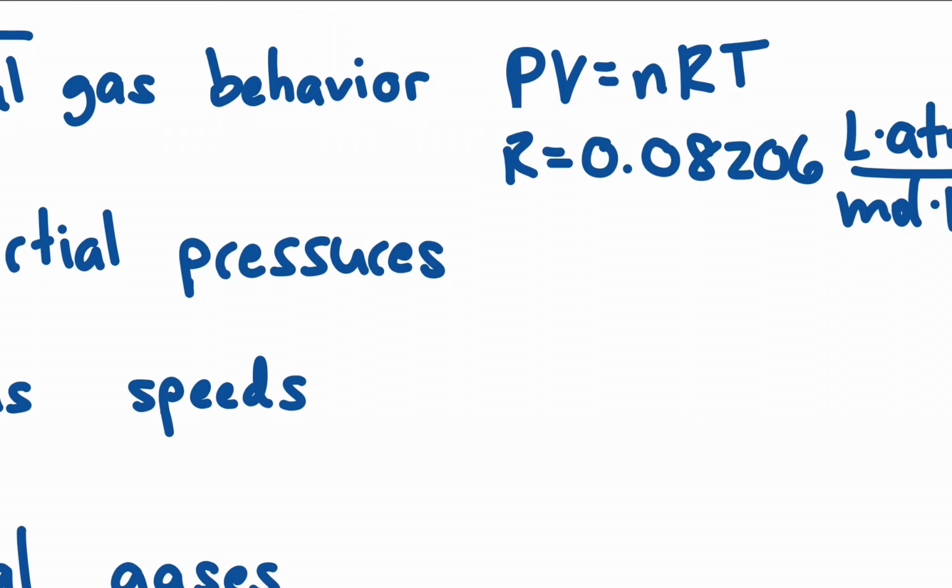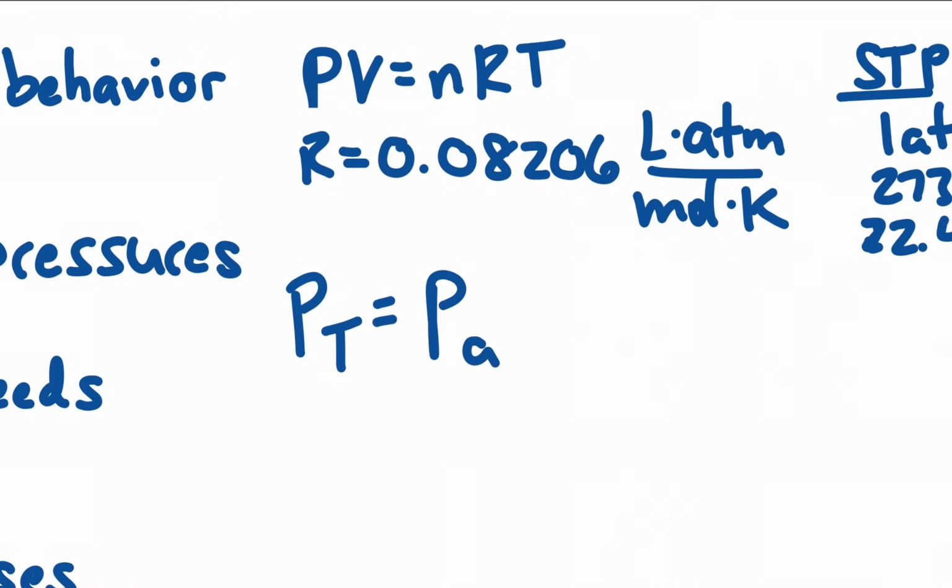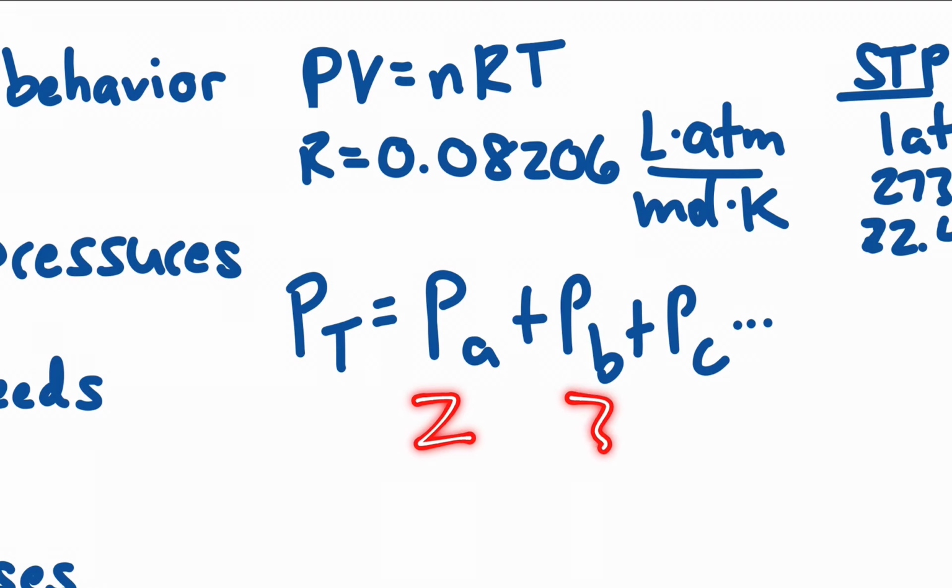Pressures are additive, so the total pressure of a mixture is simply the sum of all the partial pressures. This is called Dalton's law. So 2 atmospheres plus 3 atmospheres plus 4 atmospheres would add up to give me 9 atmospheres of a gas, provided that the volume and temperature are kept the same.